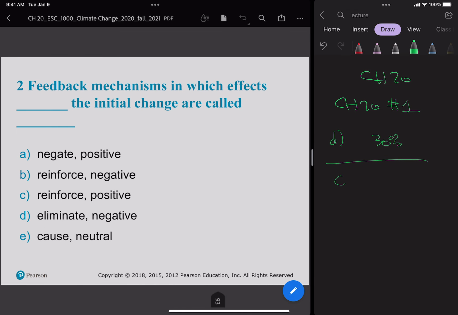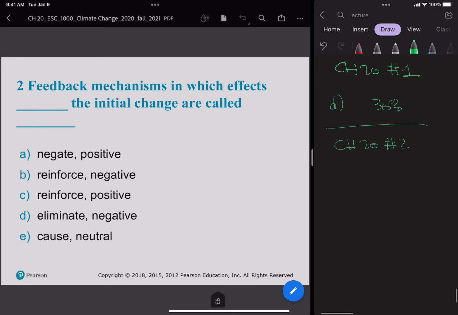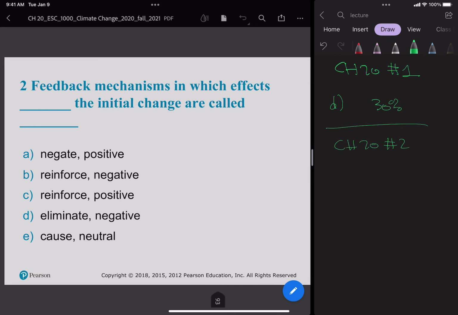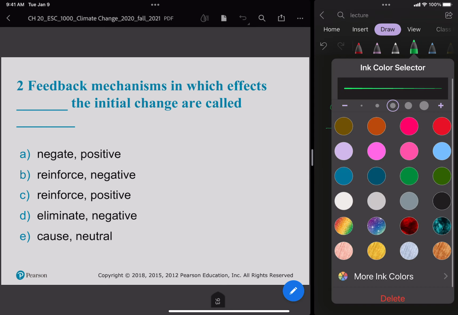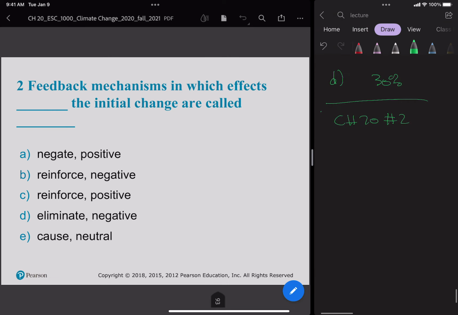Okay, chapter 20, number 2, a feedback mechanism in which effects blank the initial change are called blank. So we're talking about positive and negative feedback, so which one corresponds to which process?